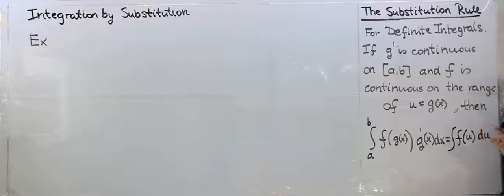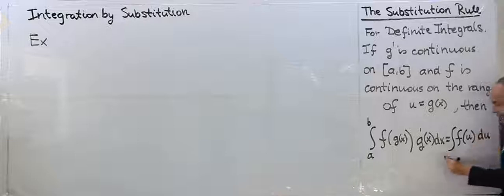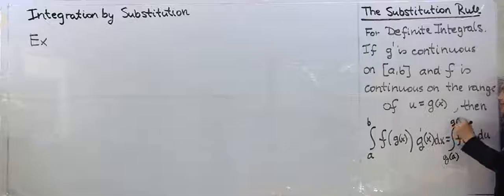Well, so far the same expression on the right-hand side as in the previous theorem when we talked about substitution for indefinite integrals. But the left-hand side is a number, right? So the right-hand side must be a number. So the limits of integration here have to be set. And what's important is that you evaluate this integral not at a and not at b, but at g of a and at g of b.